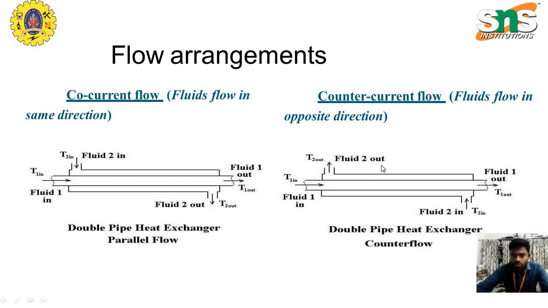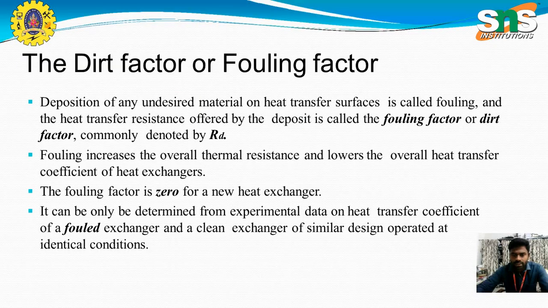So one fluid is entering and the other fluid is exiting on the same side. On the right side, we have the fluid 1 outlet and the fluid 2 inlet. So this is a double pipe heat exchanger with counter flow. This is the heat exchanger classification based on flow arrangement, that is, parallel flow and counter flow.